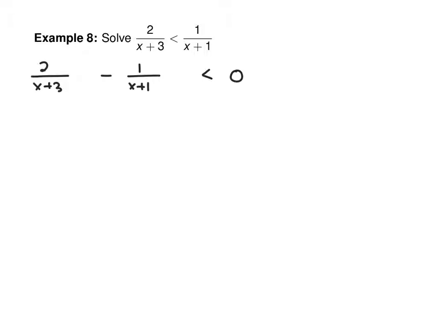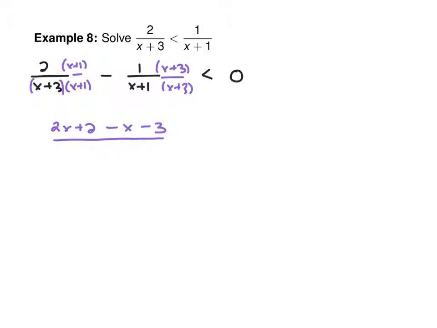Is everyone okay with what happened there? All right, to find a common denominator, what do you multiply the first fraction by? X plus 1. How about the second one? Okay, so we'll have 2x plus 2 minus x minus 3 over our common denominator of x plus 3, x plus 1.